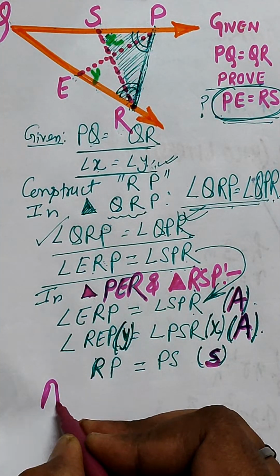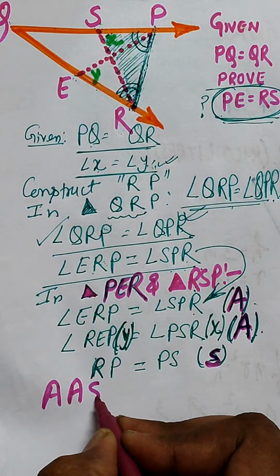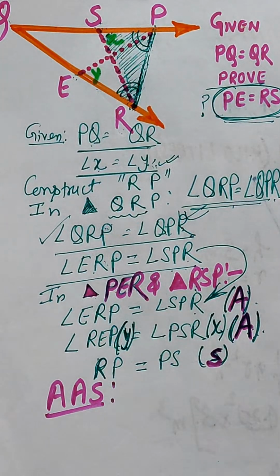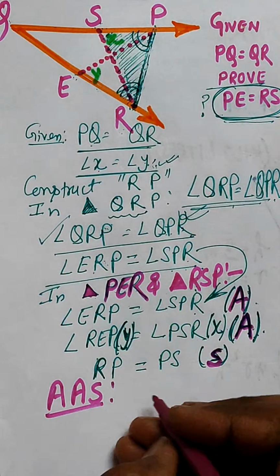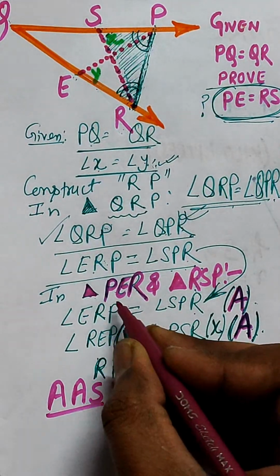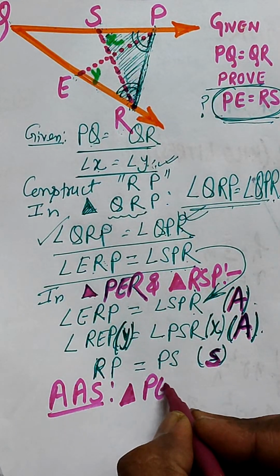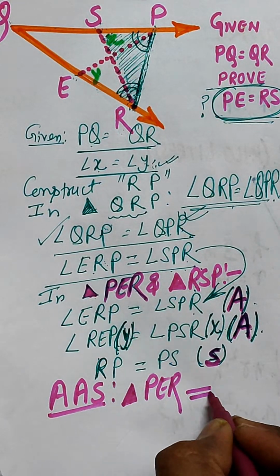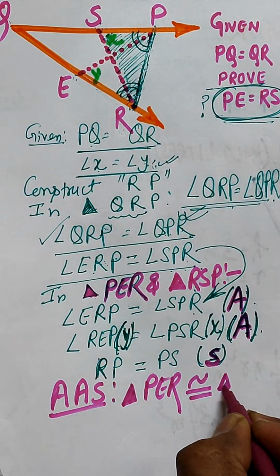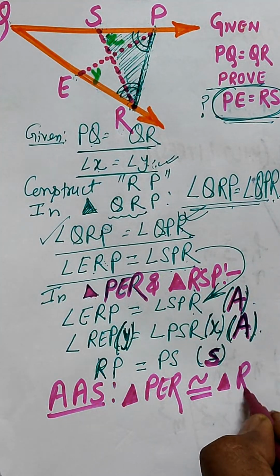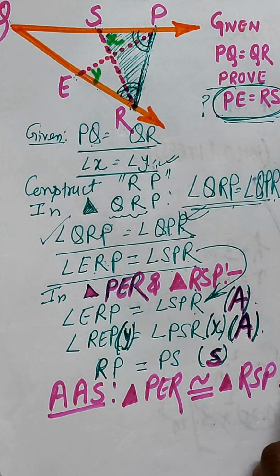So by AAS congruency criteria, can't we say that triangle PER is congruent to triangle RSP, right?